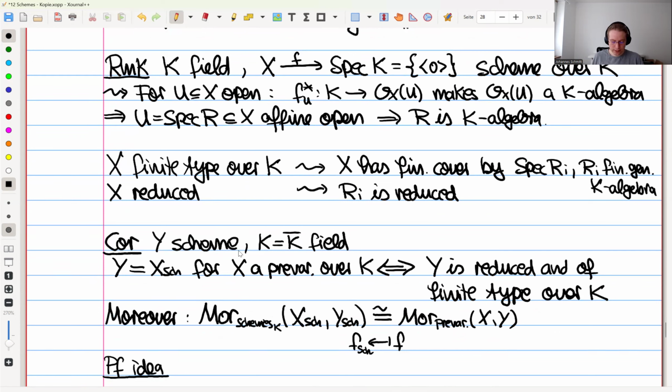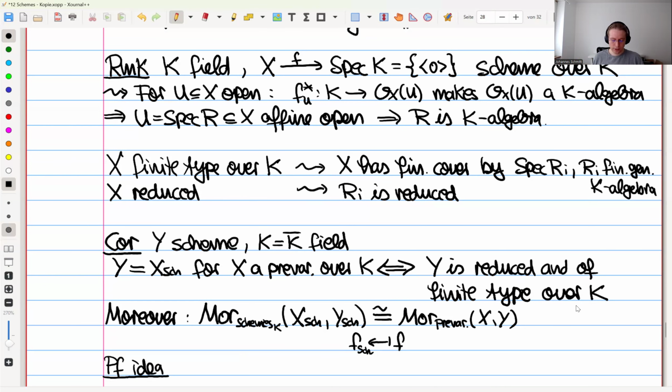So let's say Y is a scheme and K equals K bar is a field. Then we have that Y is equal to X scheme for X a pre-variety over K, if and only if Y is reduced and it has a map to Spec K such that this map makes it finite type over K. So being a pre-variety just means basically having these three properties that we defined before.